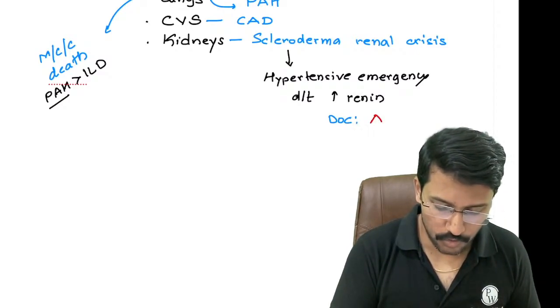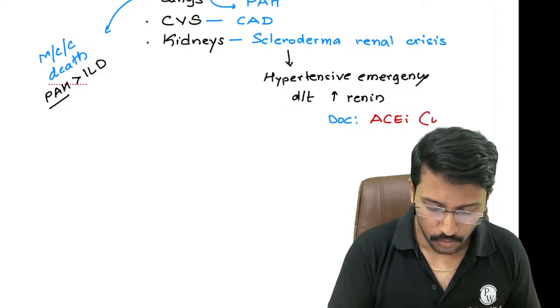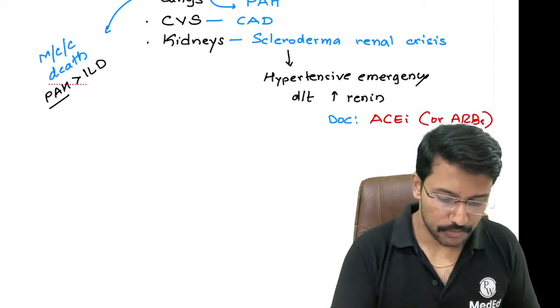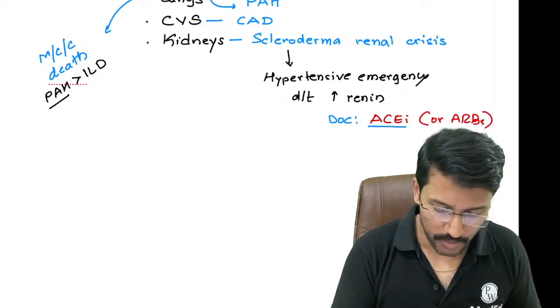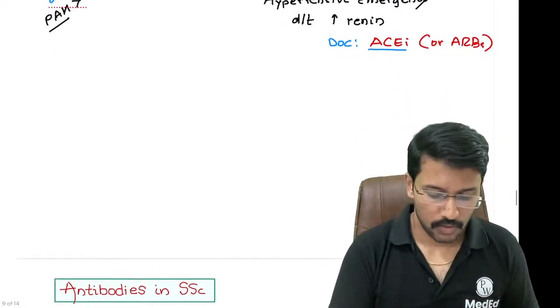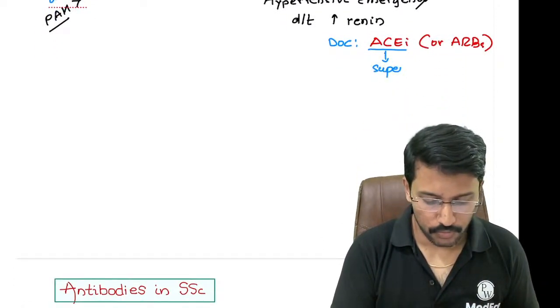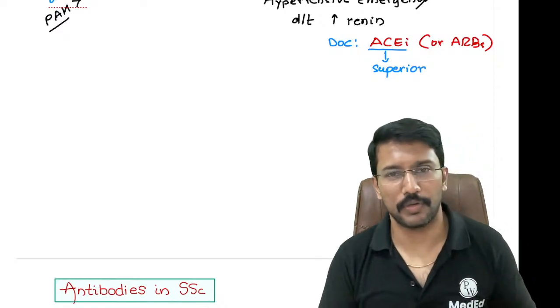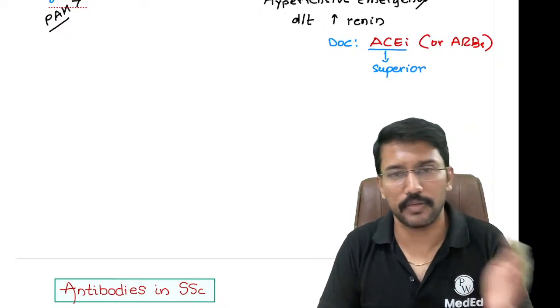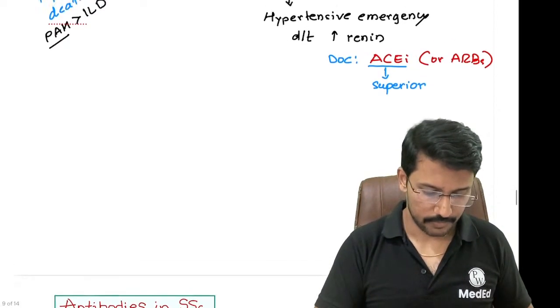The drug of choice is going to be ACE inhibitors or ARBs. Studies have shown that ACE inhibitors are superior to ARBs. That's the point I want you to note. So only if ACE inhibitors are contraindicated, or not readily available, think of ARBs.